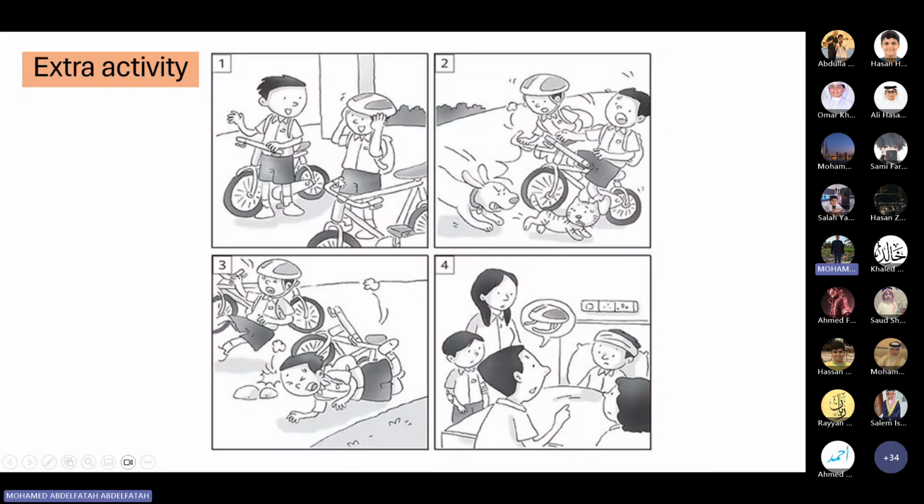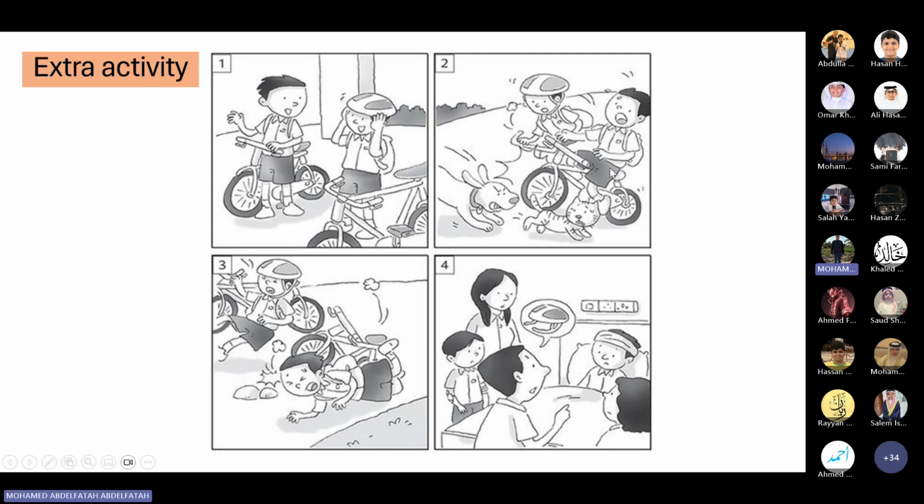Look here, they decided to go out riding their bikes. One of them put on his helmet, the other one without a helmet. But suddenly, a dog was running after a cat. So they fell over.